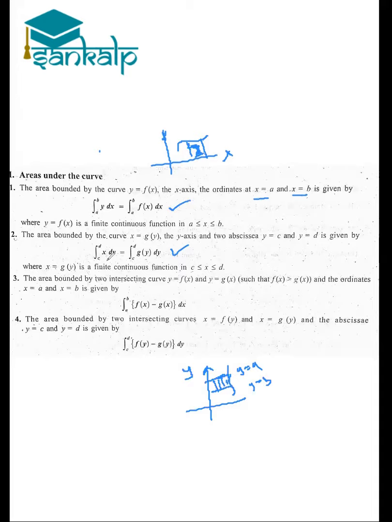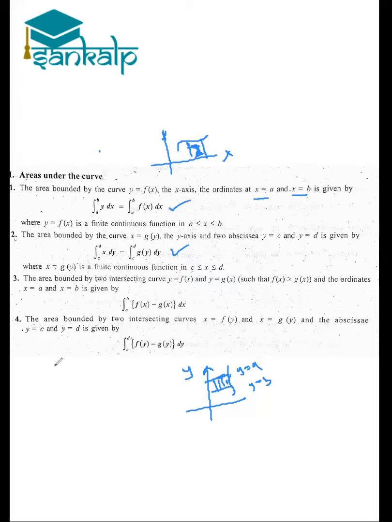Next, third point, the area bounded by the two intersecting curves y equal to f of x and g of x, where f of x is greater than g of x, and the ordinates x is equal to a, x is equal to b, is given by integral a to b of f of x minus g of x dx.